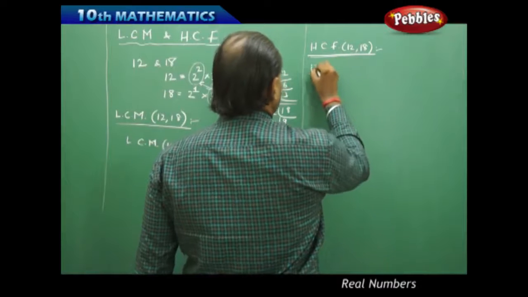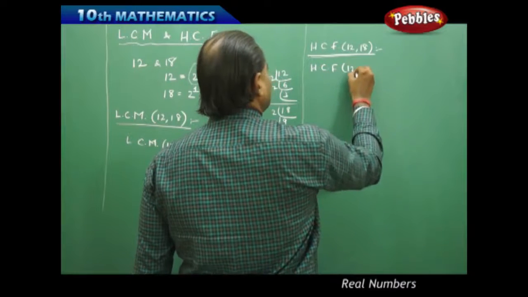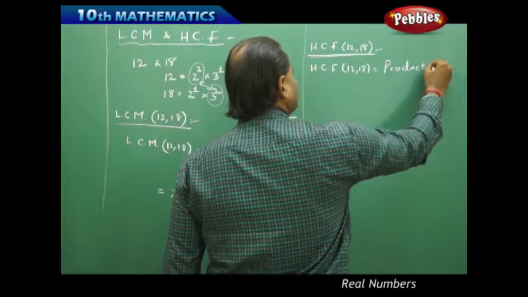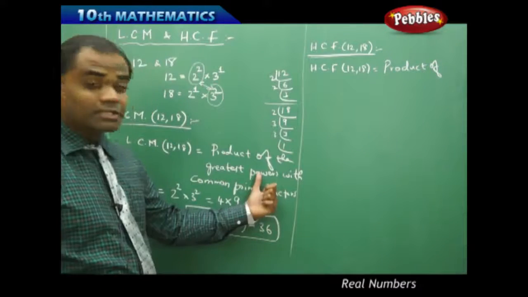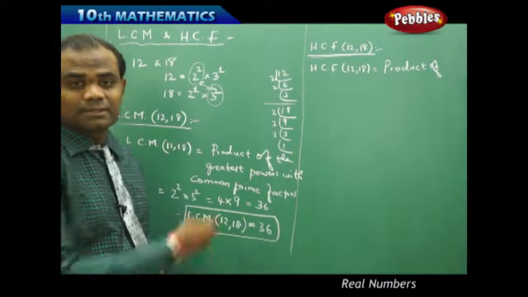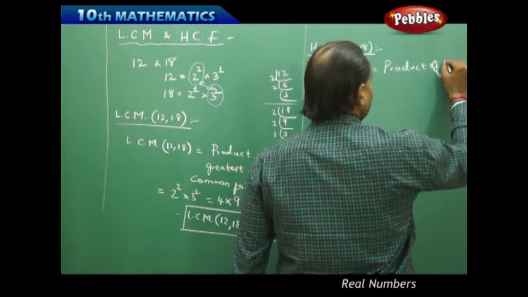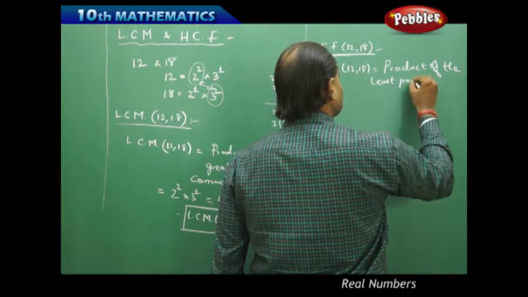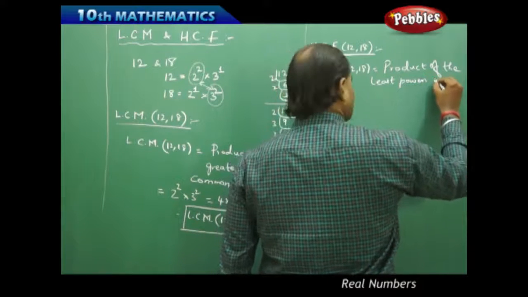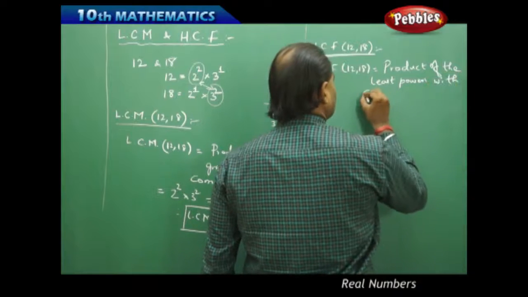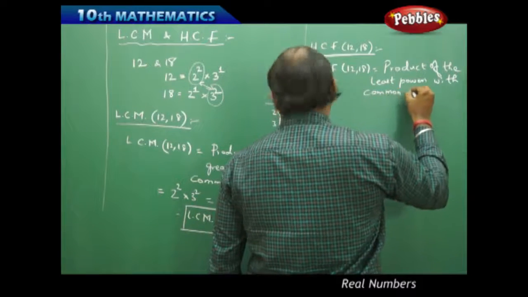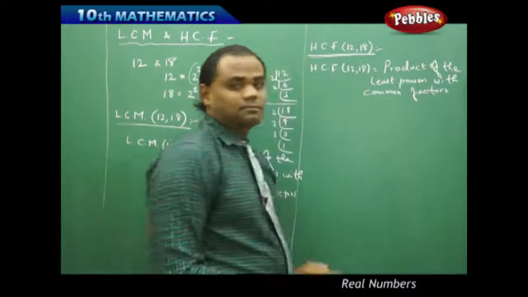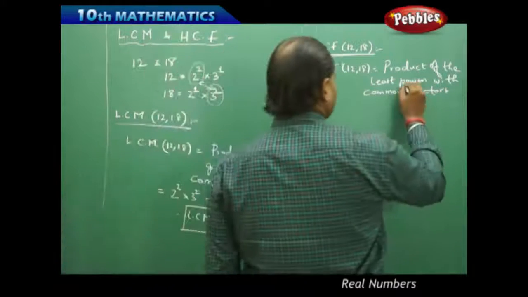When I want to find the HCF of 12 and 18, this is identified as the product of the least powers, here instead of the greatest powers, with common prime factors.